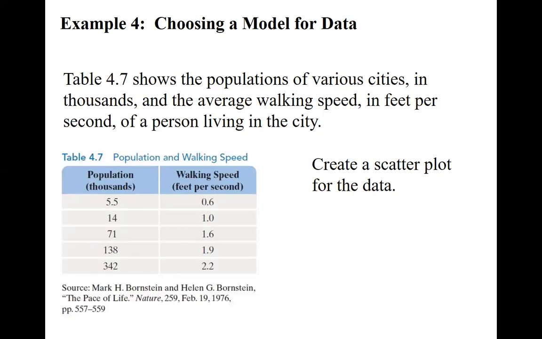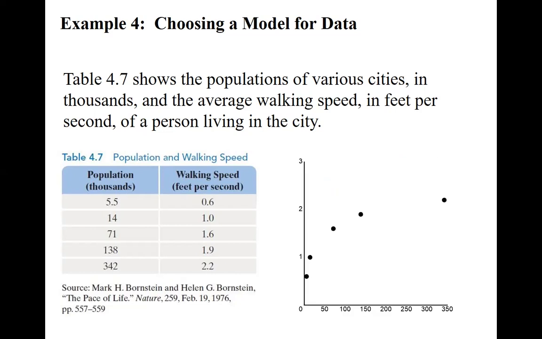In example 4, we have this table which shows the populations of various cities in thousands and the average walking speed in feet per second of a person living in the city. We want to create a scatter plot for this data. Now that just means we're going to take each pair of information and turn it into an ordered pair that we can put on a graph.